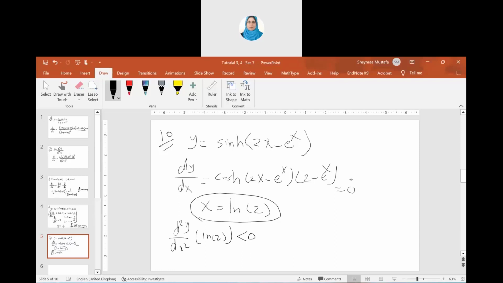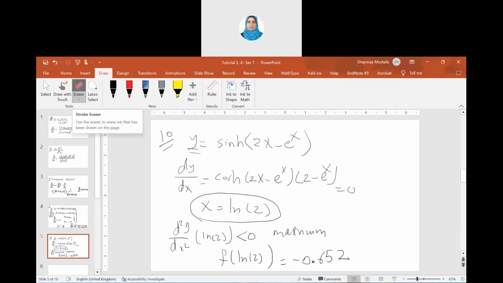You will find it's less than 0, so it is a maximum. Then y at ln 2 will be equal to minus 0.652. First, make dy over dx equal to 0, find the value of x, and substitute in y to find the value of y.